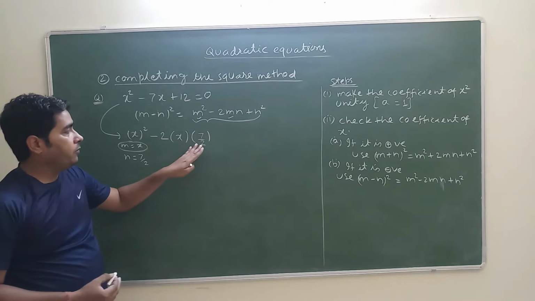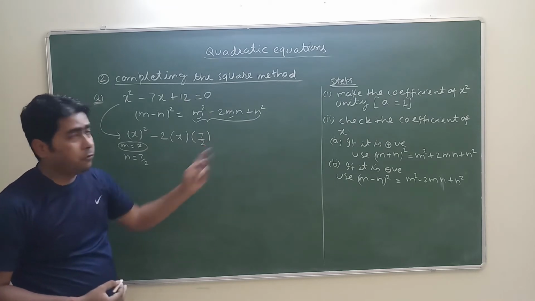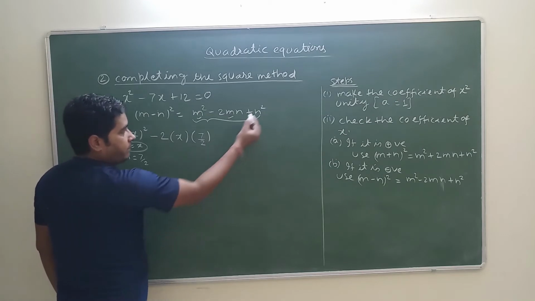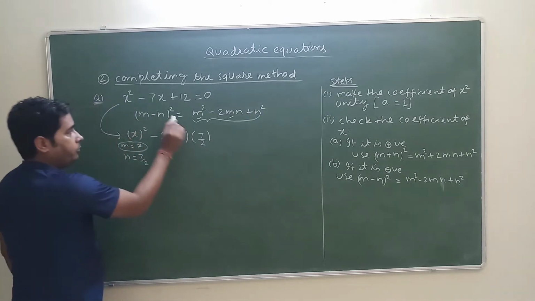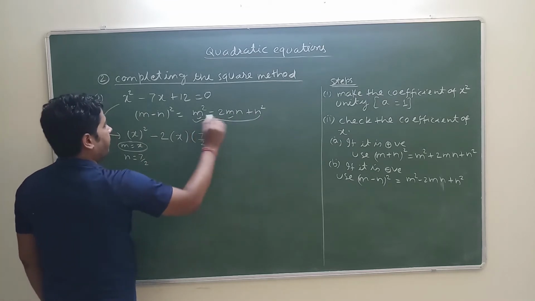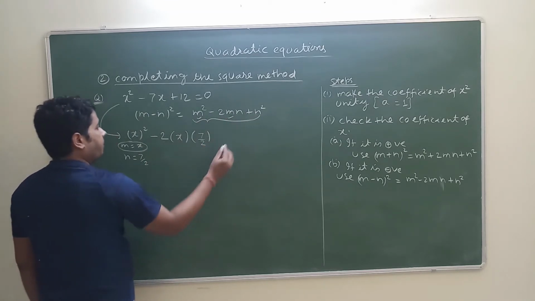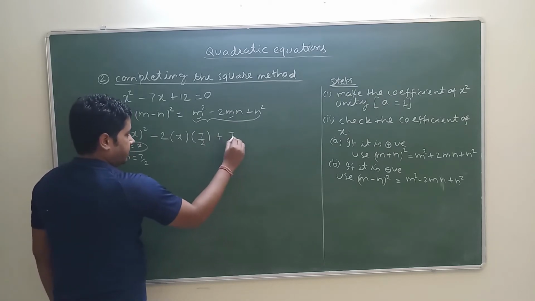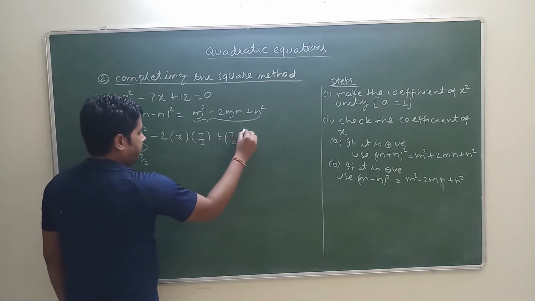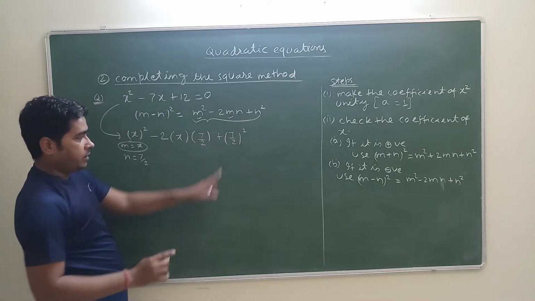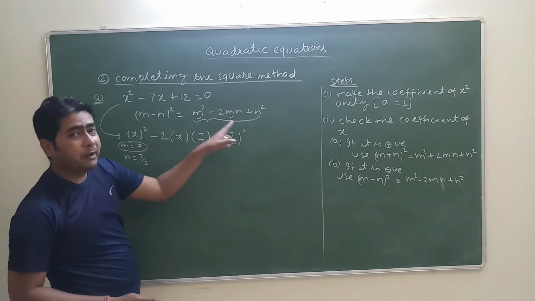Recently we have got the value of n, but we don't have 7 by 2 whole square here. If we do not have 7 by 2 whole square, this term will not be able to use this identity, right? So just to complete this form, I am going to add n square, which is 7 by 2 whole square here. This will complete my identity.